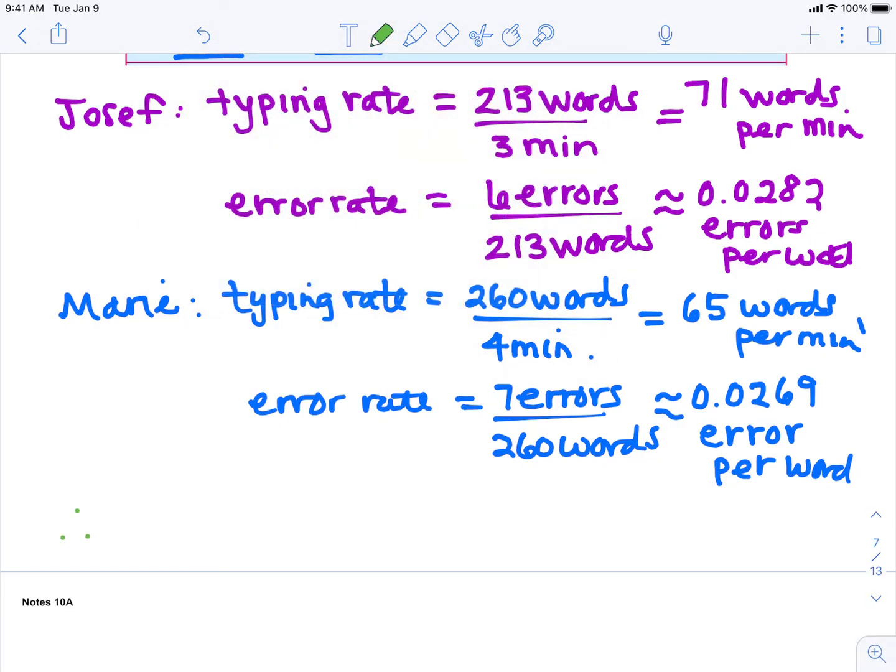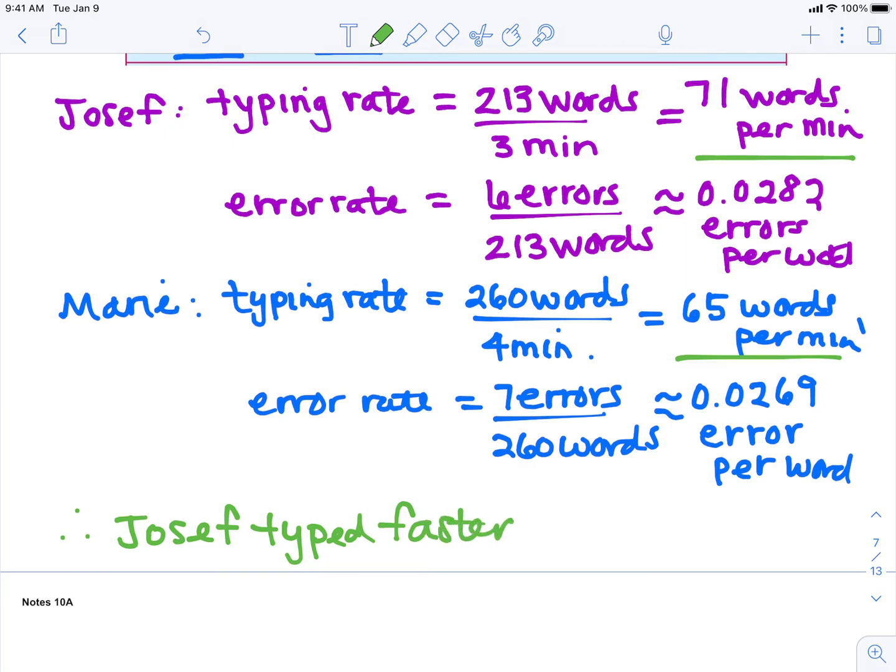So, therefore, who typed faster? Joseph typed at 71 words per minute, where Marie typed at 65 words per minute. So Joseph typed faster. Now let's look at the errors per word.